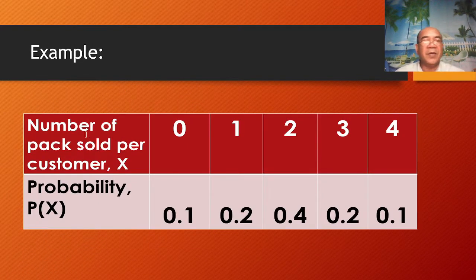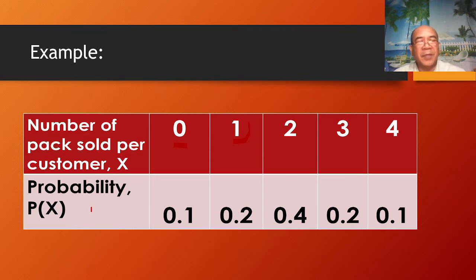So we have here the number of packs sold per customer. These are the values, represented by the number of packs: 0, 1, 2, 3, and 4.